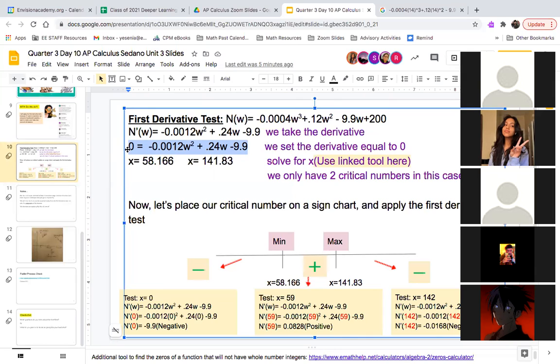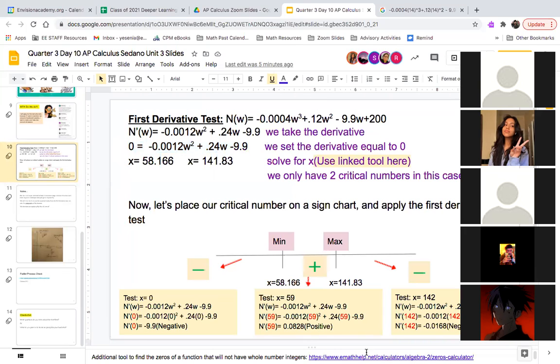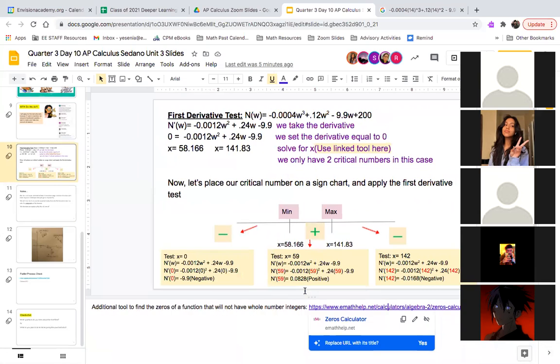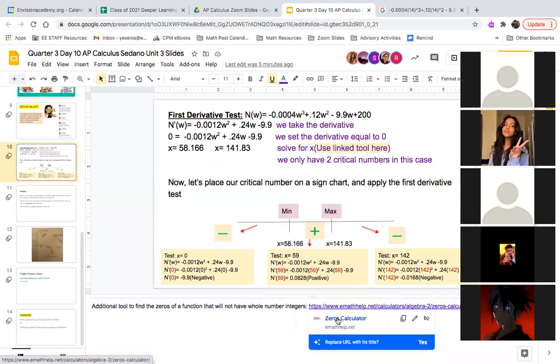In addition, this has decimals, so it's going to be more of a challenge to factor. So I used the link tool down here. That's what happened yesterday. You are able to find the zeros of this function if you'd like.